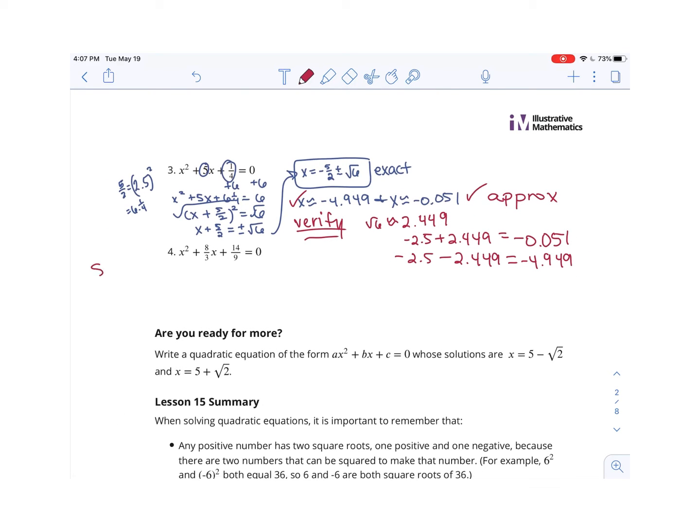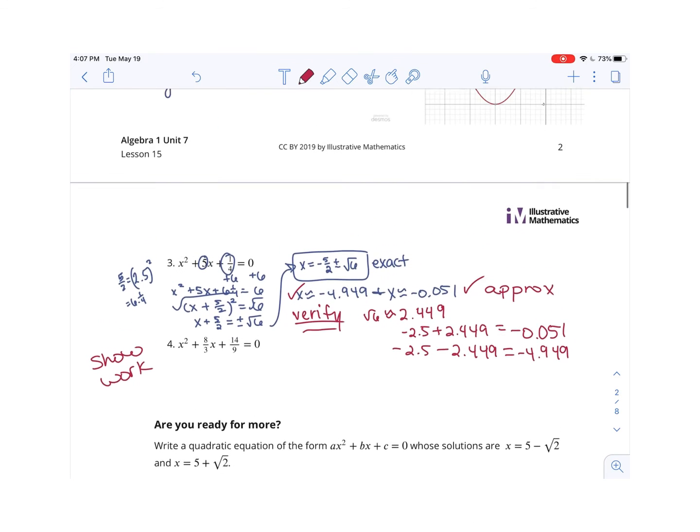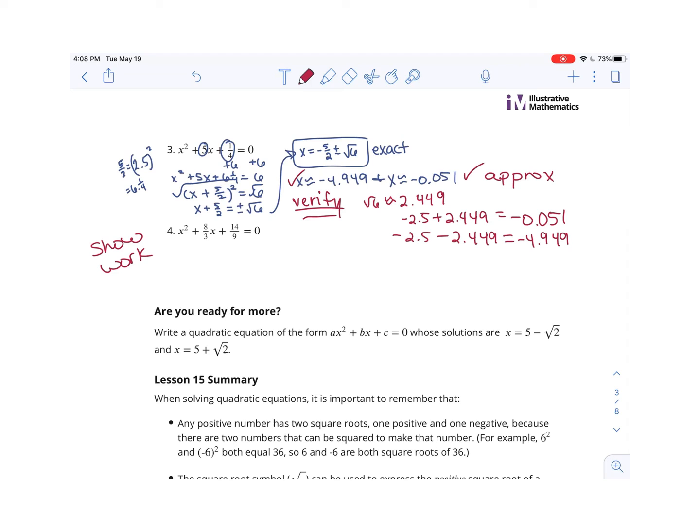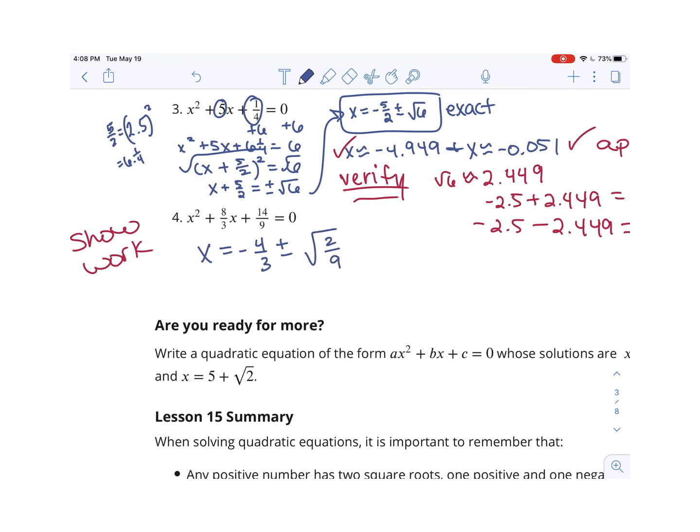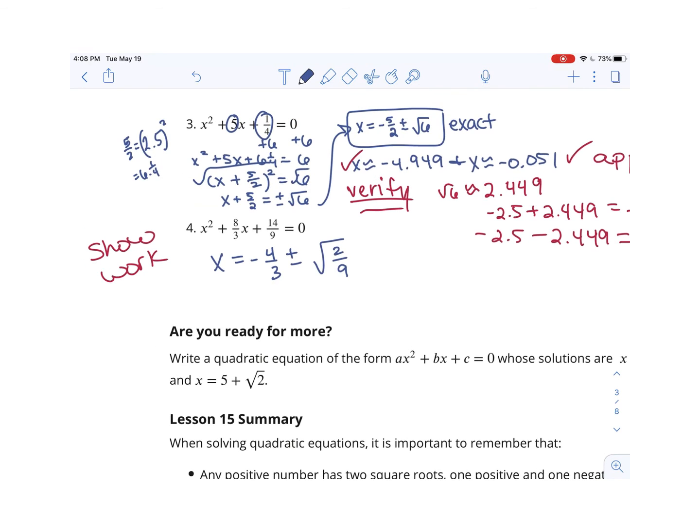All right, you try and show the work for number 4 like you did with number 2. And I'm just going to give you the answer so that you can check to make sure that you understand. If you're not getting this, you should definitely reach out to your teacher to get help. But you should get that x is negative 4/3 plus or minus the square root of 2/9. And you can just leave it like that.